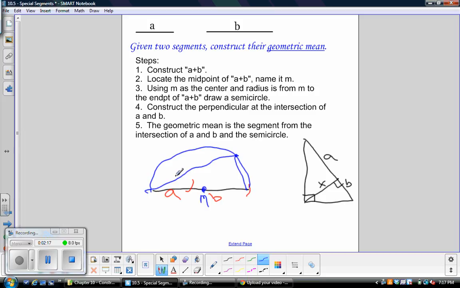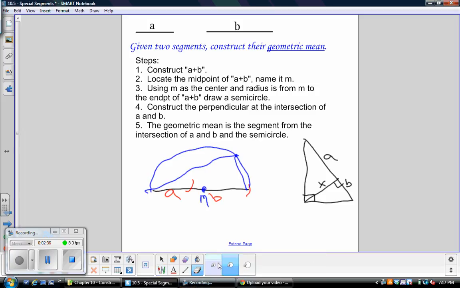So any point on that semicircle drawn to the endpoints of this segment is going to be a right angle. So where do I need my right angle? Well, I need my right angle here. I need this perpendicular. So I'm going to erase what I just drew.